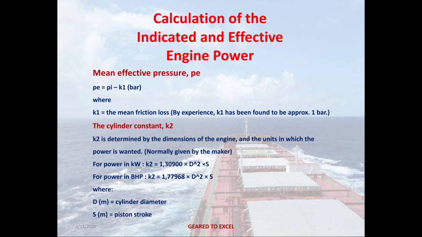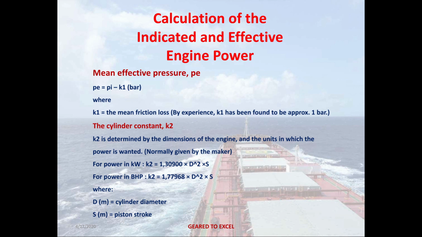The cylinder constant K2. K2 is determined by the dimension of the engine and the unit in which the power is wanted, normally given by the maker.